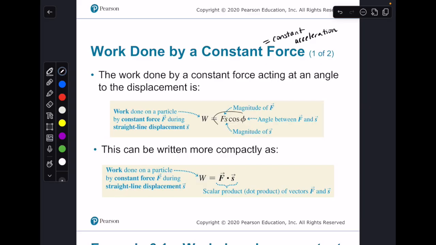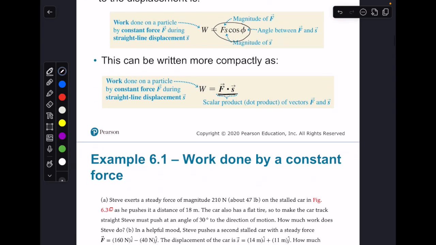You may recognize this as being the magnitude of a dot product. So the work done on a particle or an object by a constant force moving in a straight line displacement is simply the force vector dotted, or scalar product, with the displacement vector.